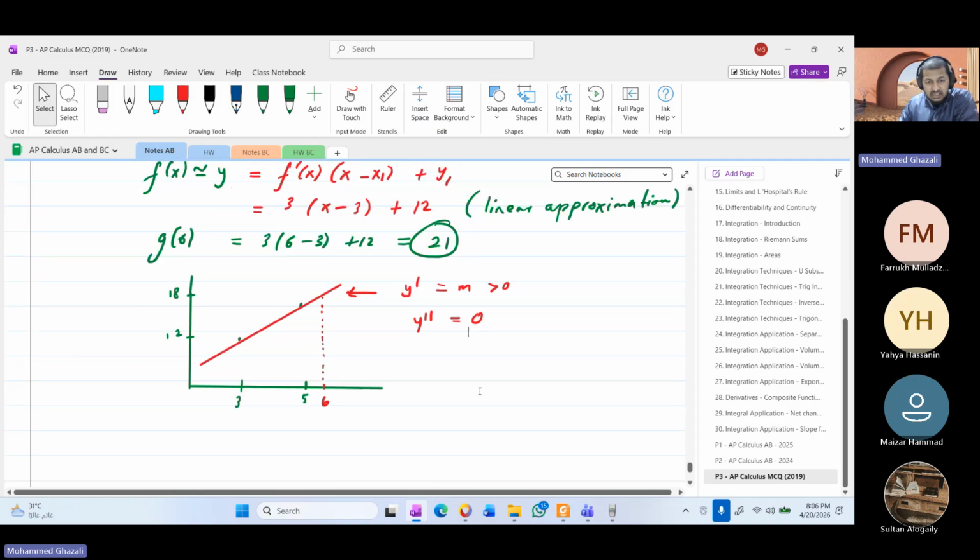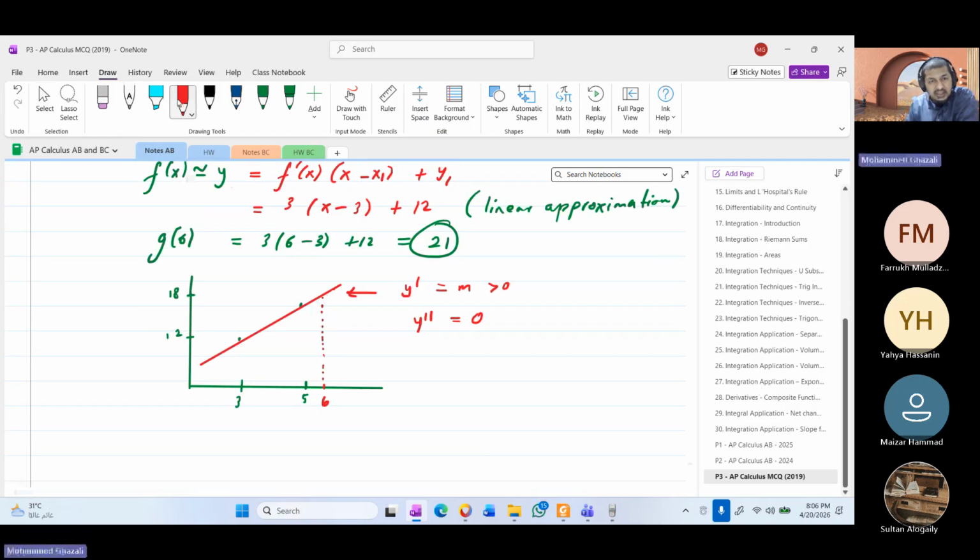In other words, g of 6 being 21 is a number on the secant line, which is the linear approximation. But our function looks like it is concave up and increasing, going upwards like this.